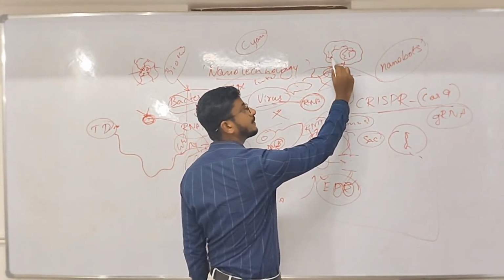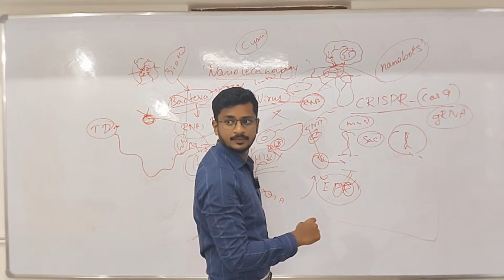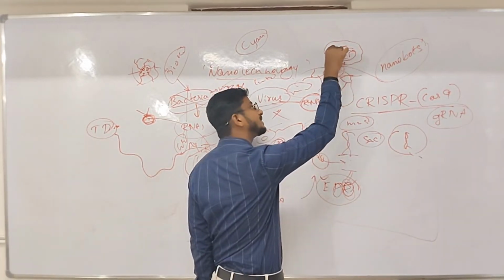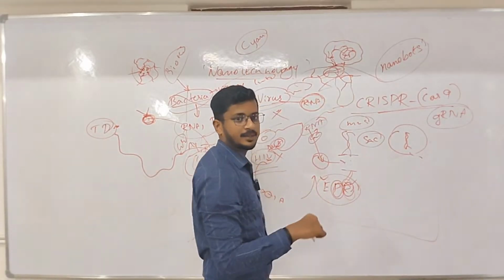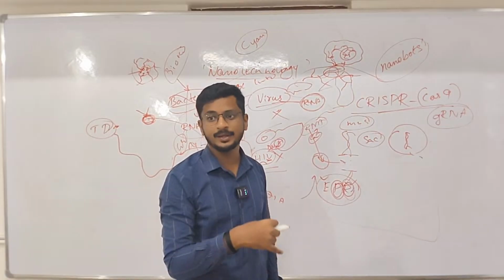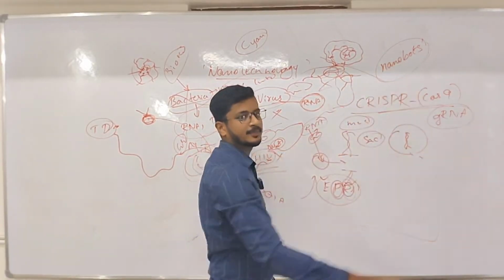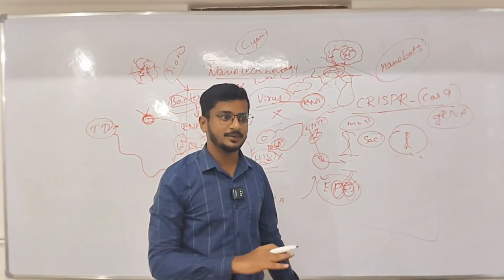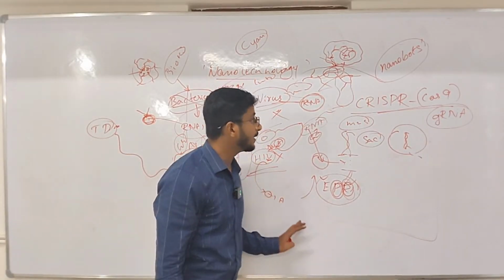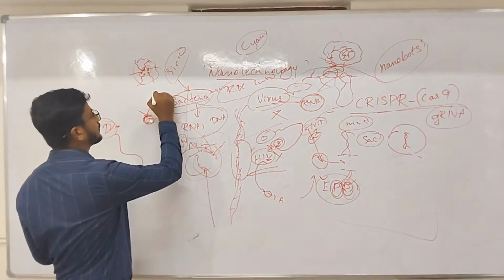When they go here, they will get stuck. Retention. Then they go inside the cell, permeability. So that is what is happening there. The tumor is gone, and the person is happy. He can live life longer. This is again with the help of nanobots.